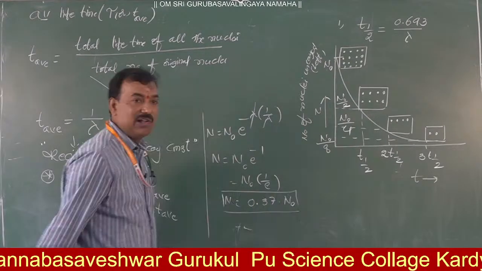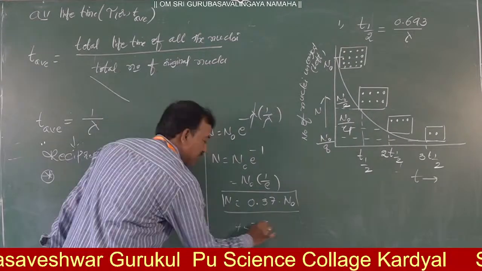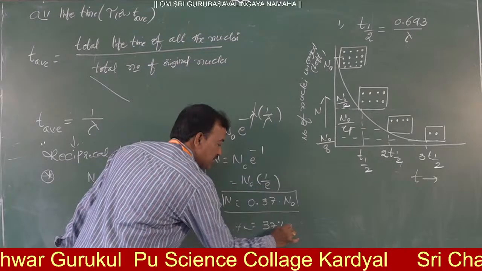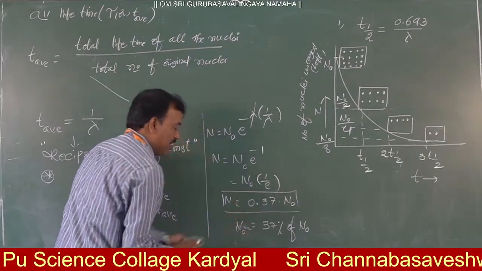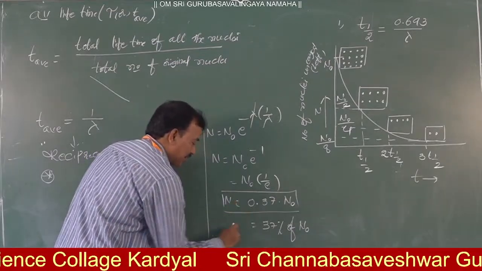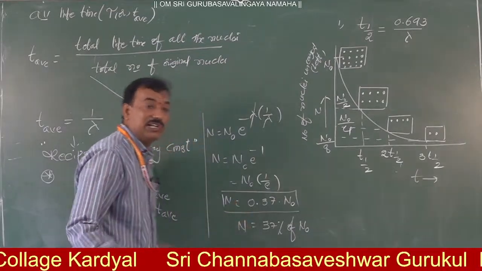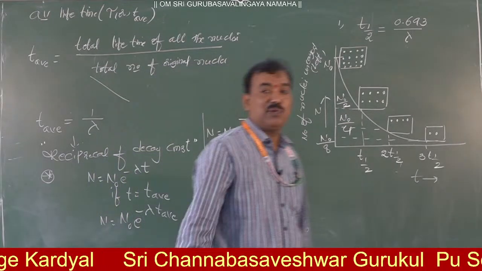Or this is equal to 37% of n naught. So n, the remaining, is 37% of n naught.